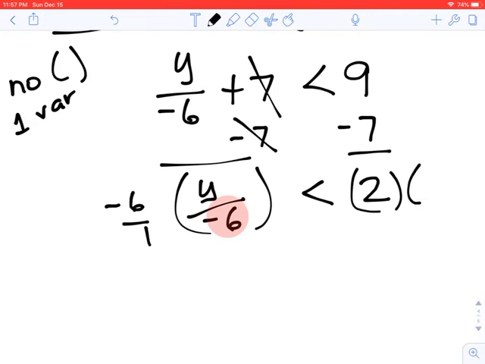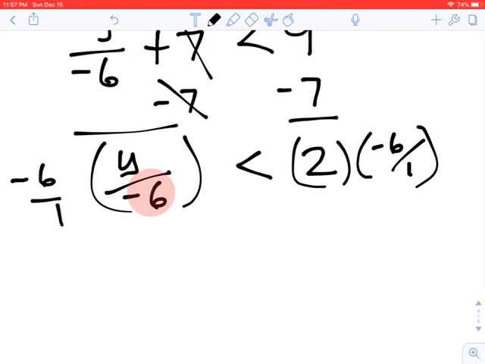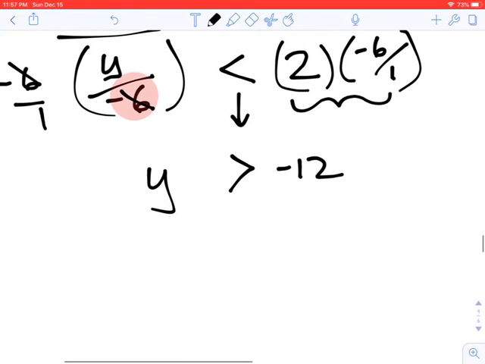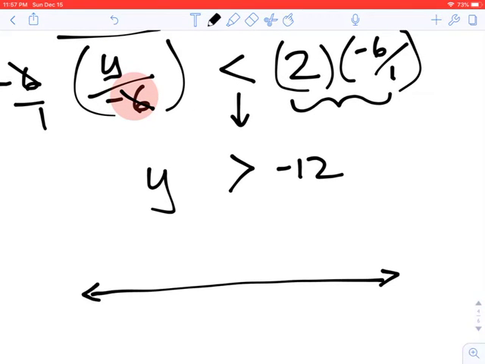So I multiply the 2 by -6 over 1. Don't forget, we just multiplied by a negative number, so this inequality symbol is going to switch to a greater than. The 2 and the -6 give me -12. The -6's cancel, leaving me just y. So we go to our number line now and graph this solution.